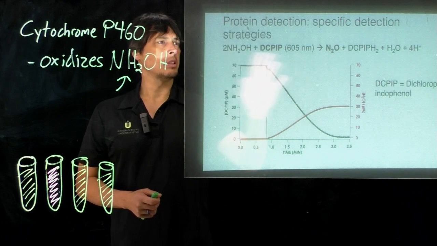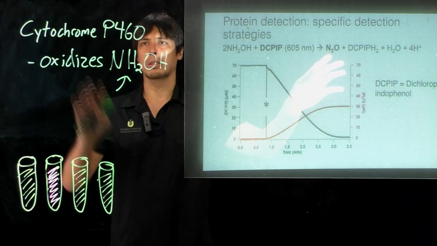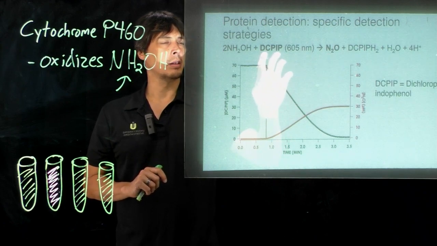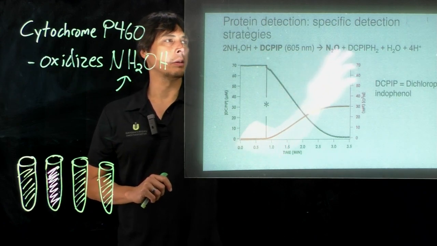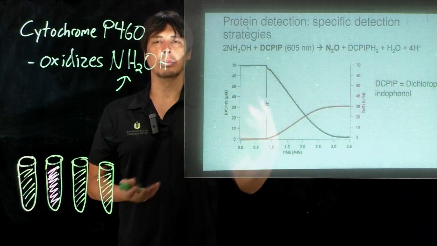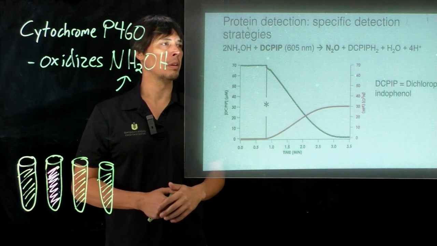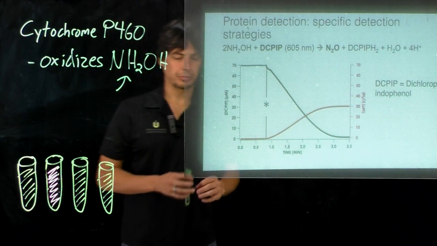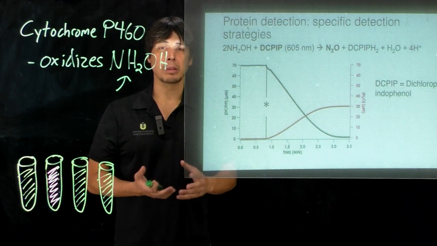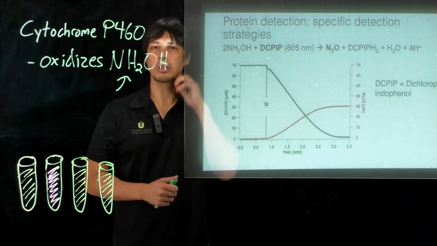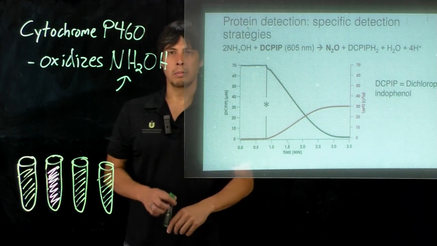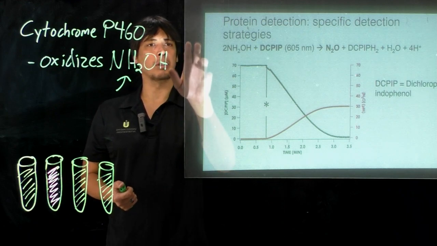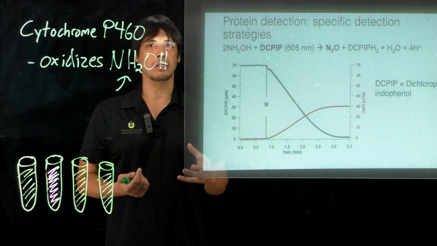So hydroxylamine is oxidized to N2O by the cytochrome P460, which is nitrous oxide, and then in the process electrons are transferred to DCPIP to form DCPIP-H2. So this is a reduced DCPIP. And then other products are water and protons. Now, ideally, if we know something about the function, then we can look for the protein amongst these fractions by looking for this hydroxylamine oxidation activity.